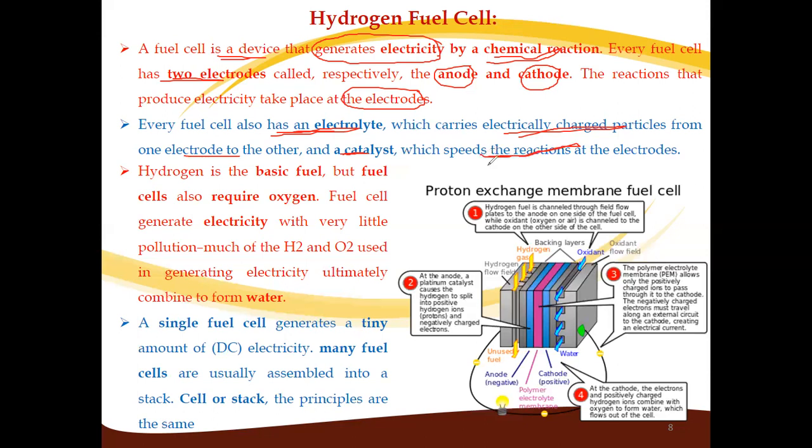So these are the three important parts of any hydrogen fuel cell: two electrodes, the anode and cathode; an electrolyte, which carries the electrically charged particles from one electrode to another; and the catalyst, which speeds up the reaction at the electrodes.